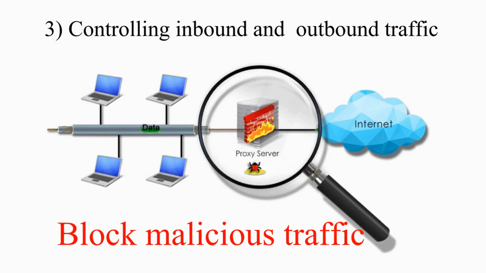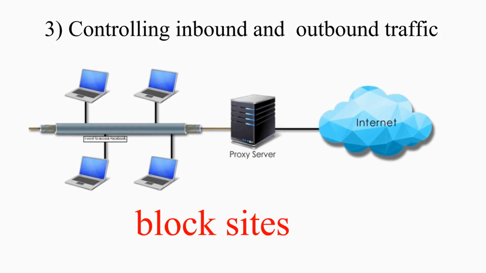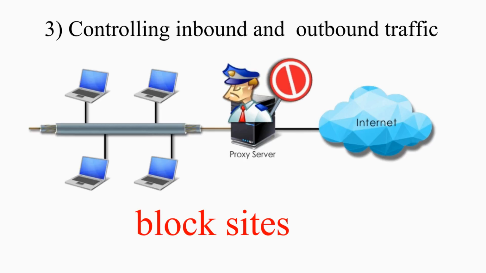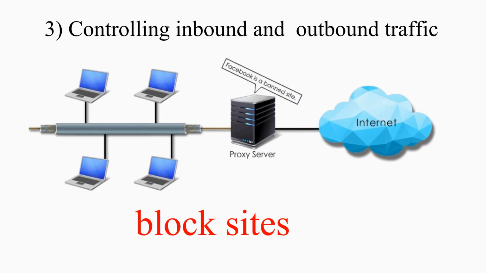3. Proxy servers can control traffic both inbound and outbound. For example, if a company prohibits its employees from going to some social media sites like Facebook or YouTube during the work hour, it can simply deploy a proxy server to control outbound traffic.